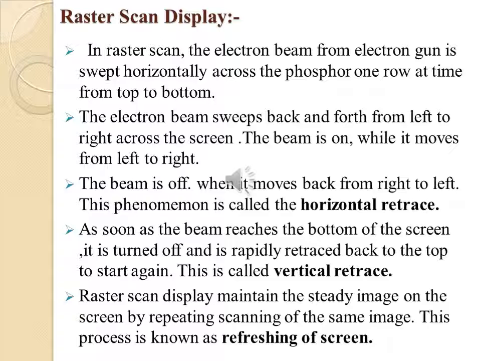In raster scan, the electron beam from the electron gun is swept horizontally across the phosphor one row at a time from top to bottom. The electron beam sweeps back and forth from left to right across the screen, and the beam is on while it moves from left to right.